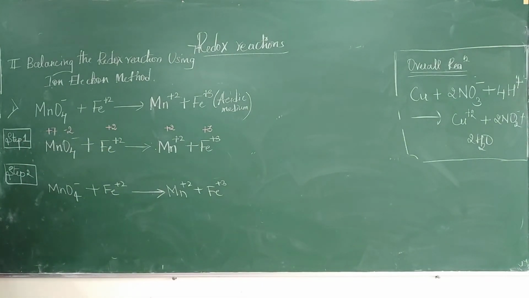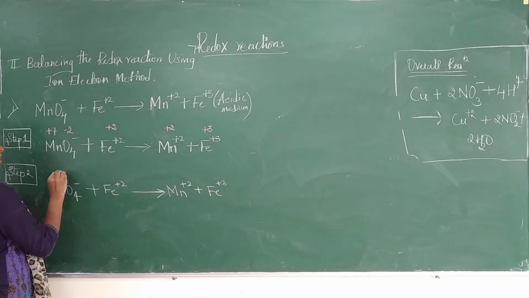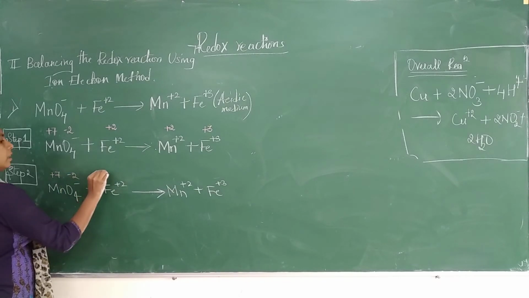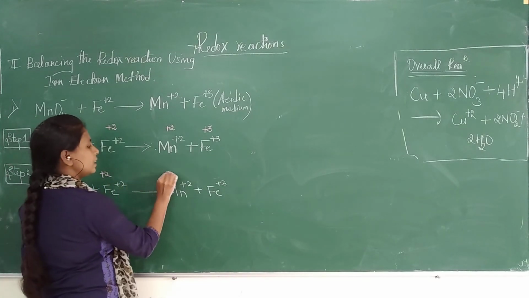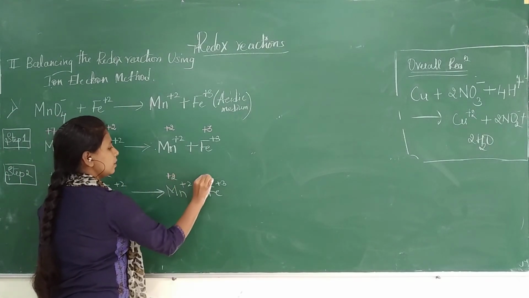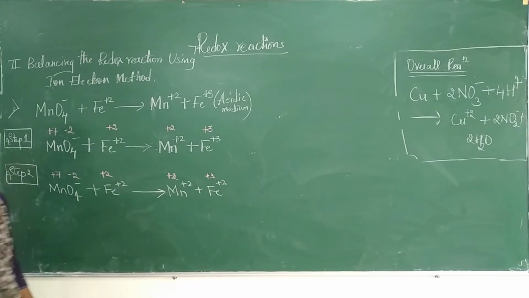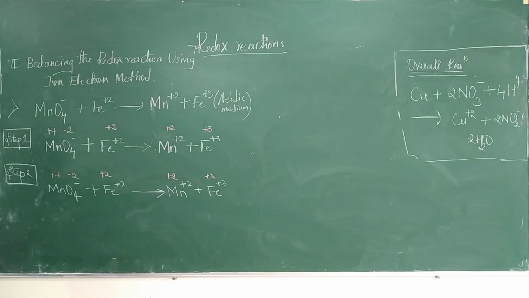Iron it is. Plus 2 to plus 3, increase in the oxidation number. Here the definition might change, but the reaction which is involved gives the same answer itself. An increase in oxidation number, loss of electrons.